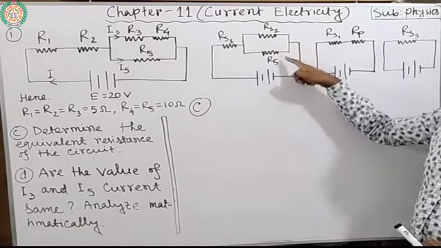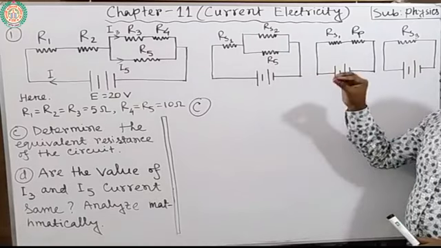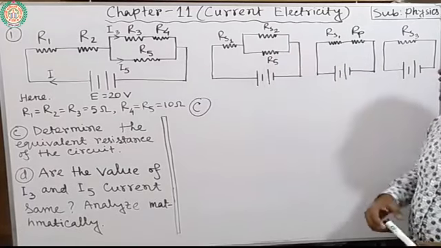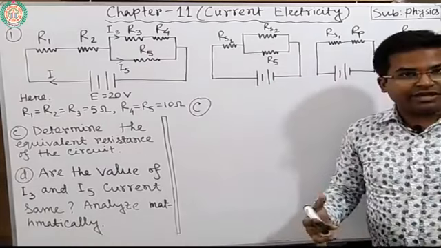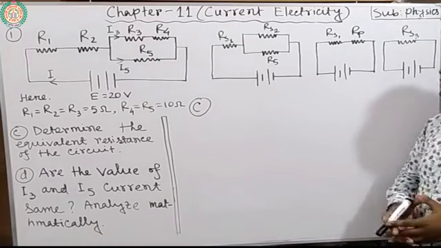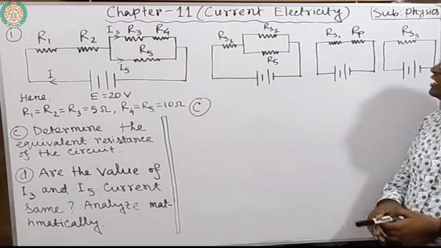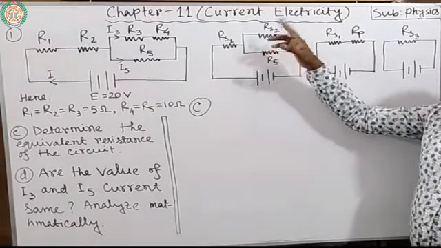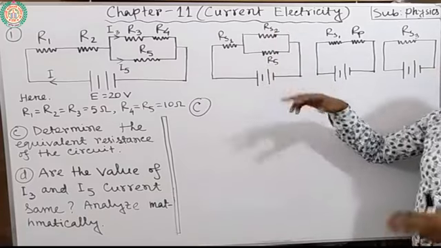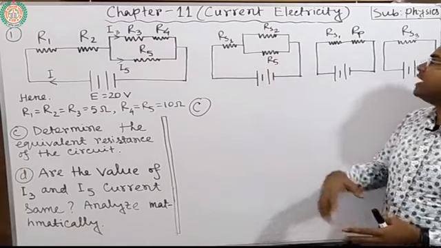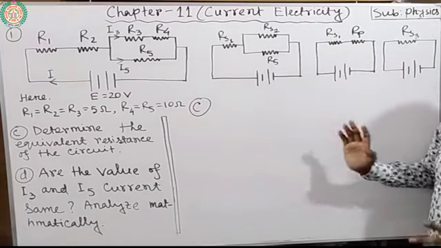Here RS2 and R5 are in parallel combination. As RS2 and R5 are in parallel, if you consider their equivalent resistance as Rp, then you can write Rp here instead of RS2 and R5.